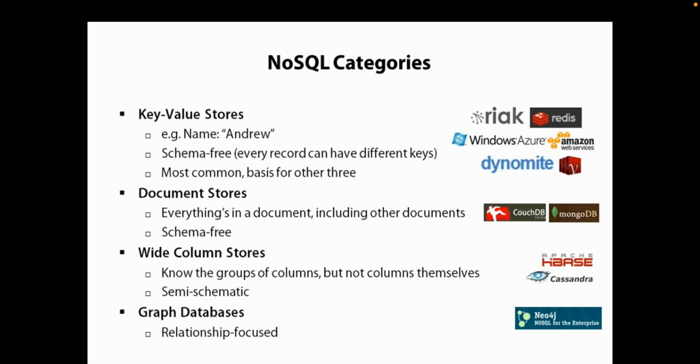Graph databases tend to be extremely useful for social media applications because of the necessity to track relationships between people. In fact, the reason that your network of friends is called a social graph ought to tell you a little something about why graph databases are so applicable in those cases. So that's our summary. Next, we're going to take a look at more concrete examples of each of these four.